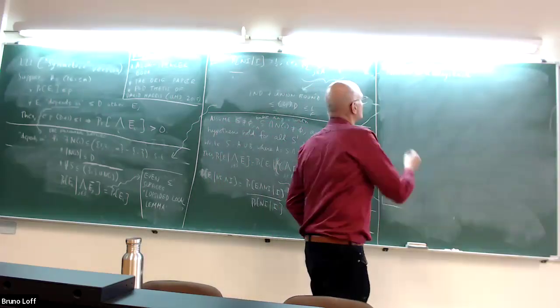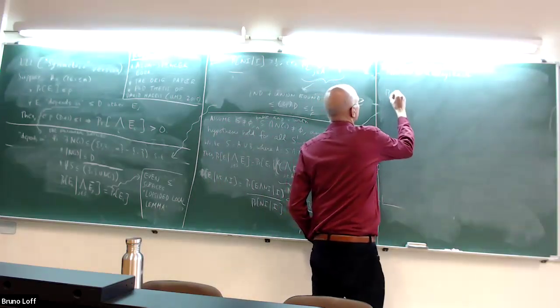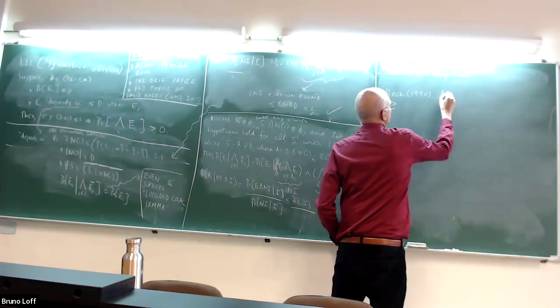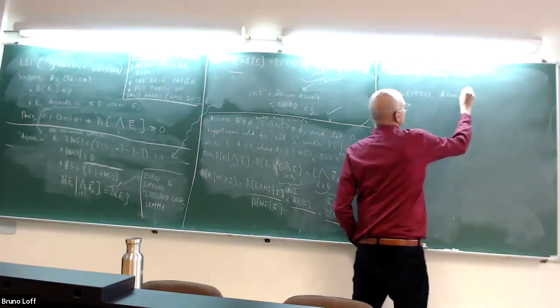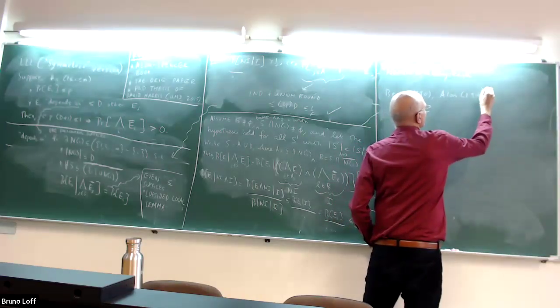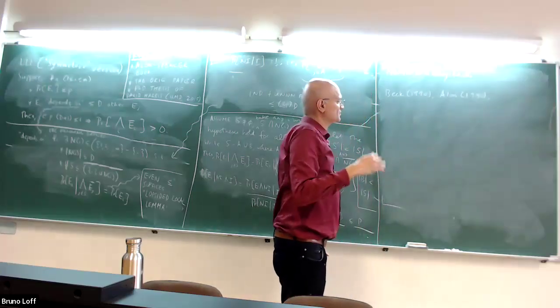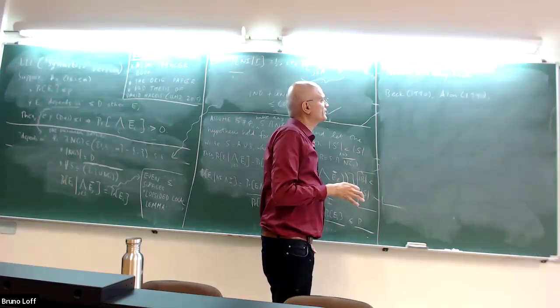The first major progress came from Beck, Joseph Beck, 1990, followed by Alon, 1990. It's some initial progress. Then there's a lot of slow progress by many people, including me.